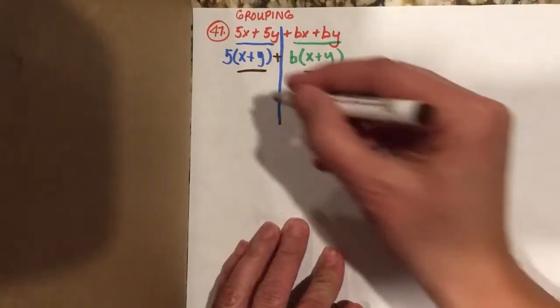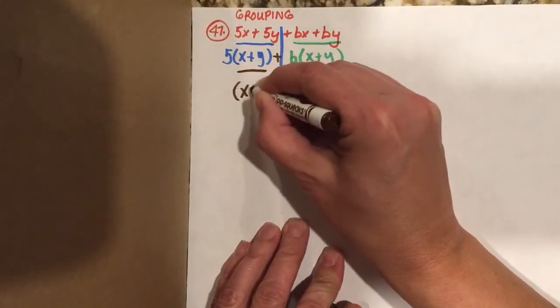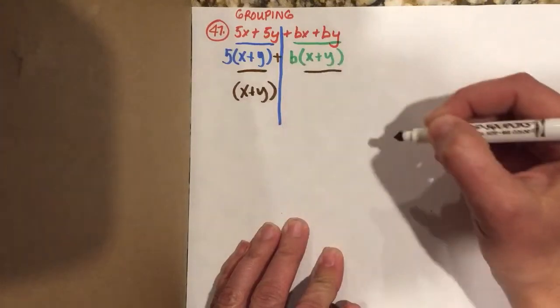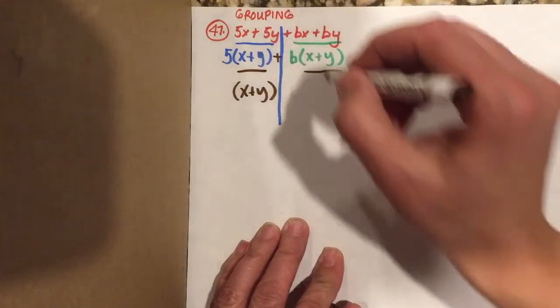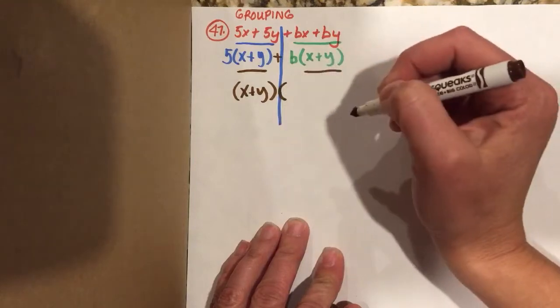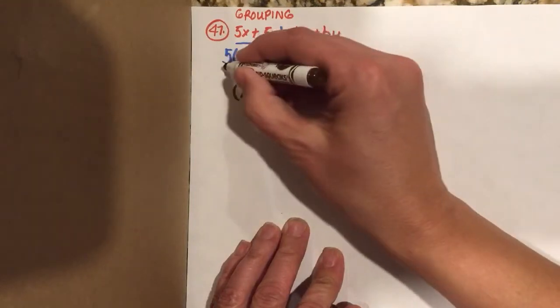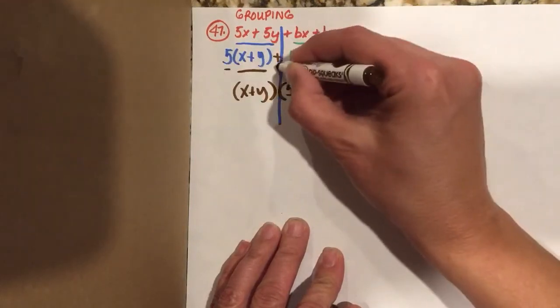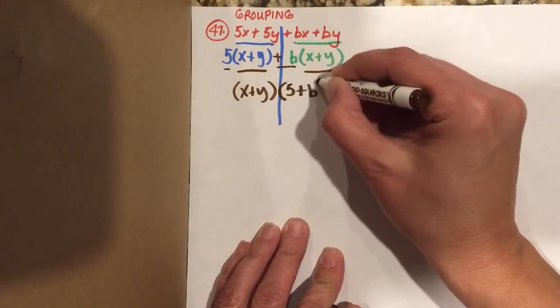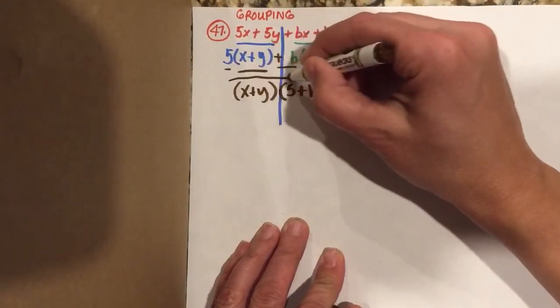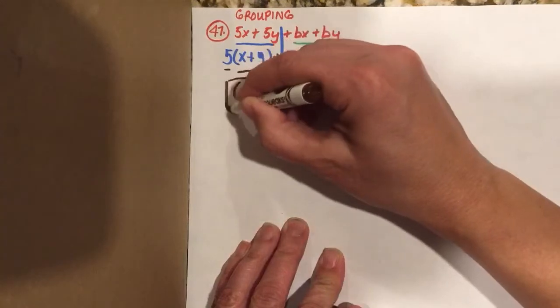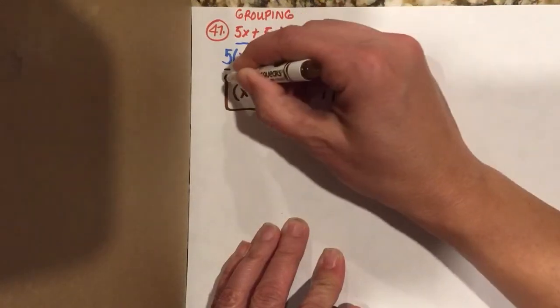That means I can factor out the greatest common factor, x plus y, from both of these terms. That being my GCF, that leaves me with 5 plus b.